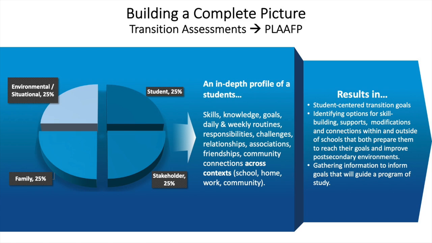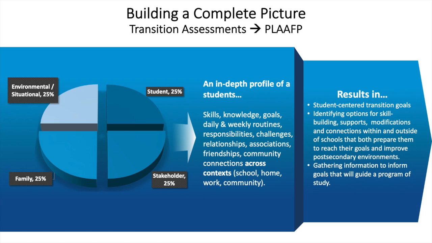We can also get some information on their relationships, associations, friendships, their community connections across contexts, which might be school, home, work, and the community. When we do this, it helps us to understand what students do well and what environments do well for them. And we also learn about what students can improve on and what can be improved on in environments to better support students in reaching their goals for a desired level of independence related to those transition goals.